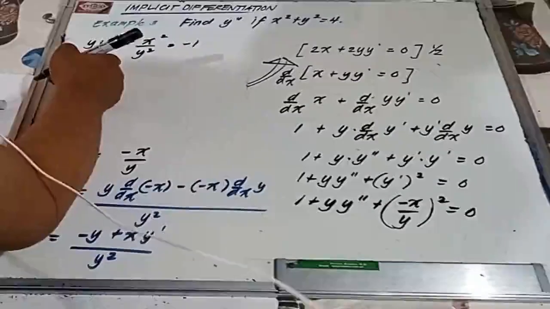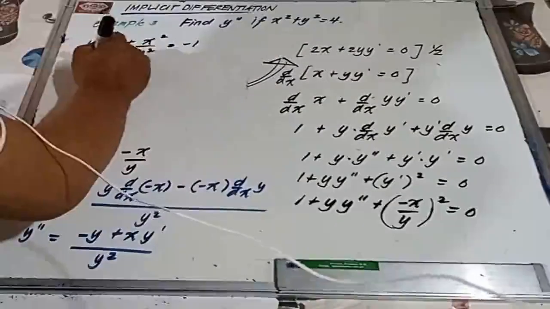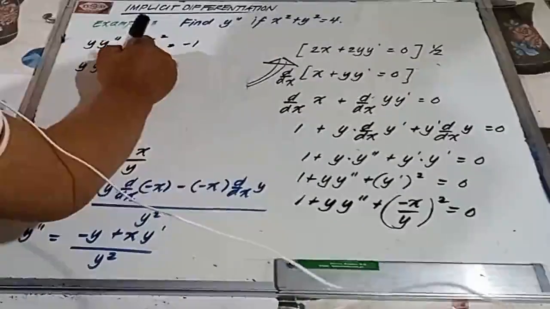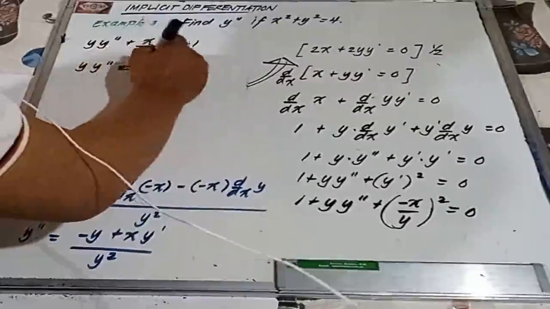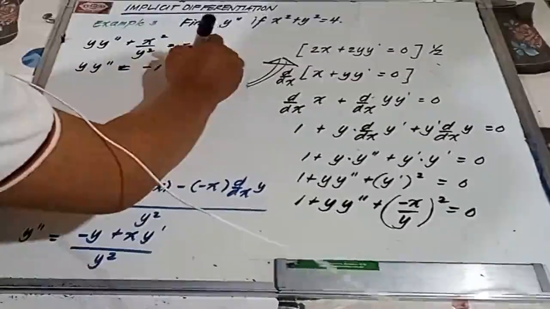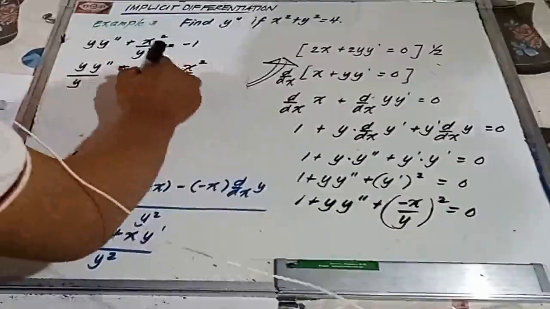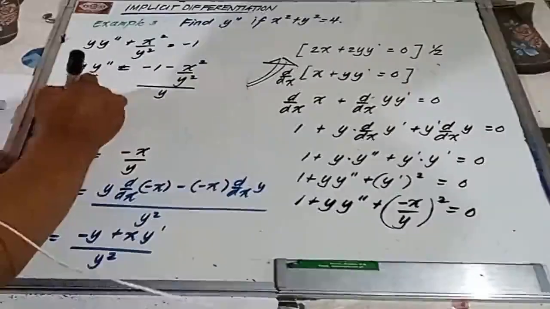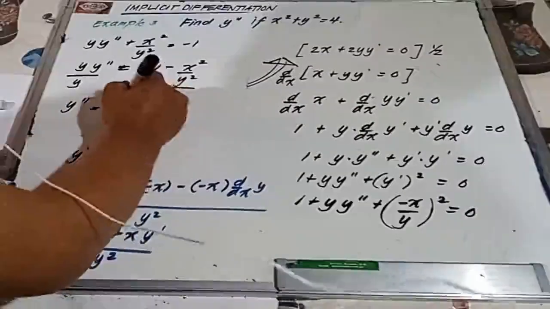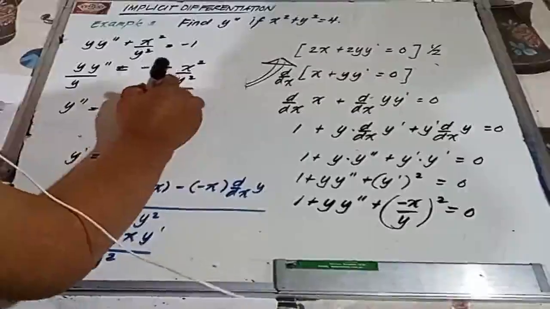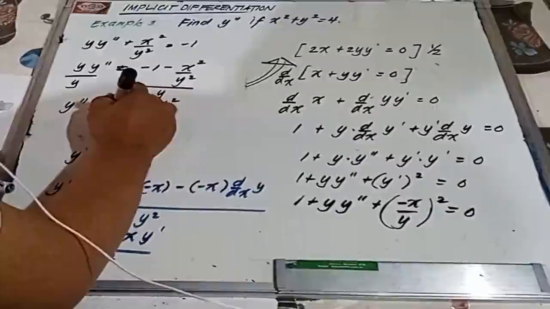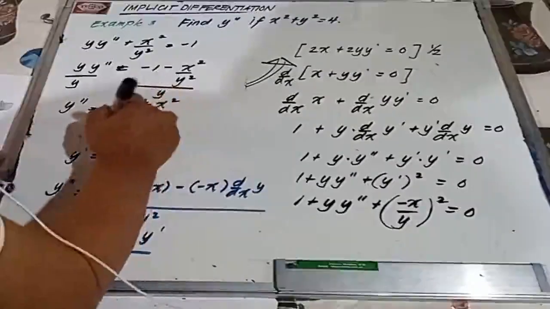And then, transpose na rin natin yon. So we have y, second derivative, equals negative 1 minus x squared over y squared. Okay, divide both sides by y. We have the second derivative equal to negative y squared minus x squared over y squared, over y.